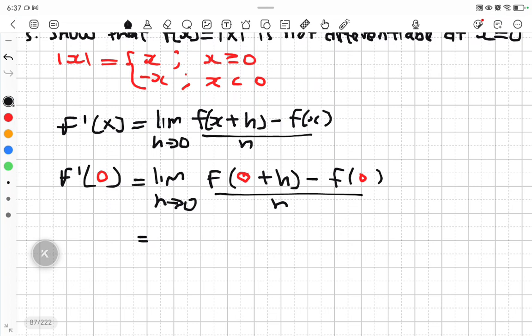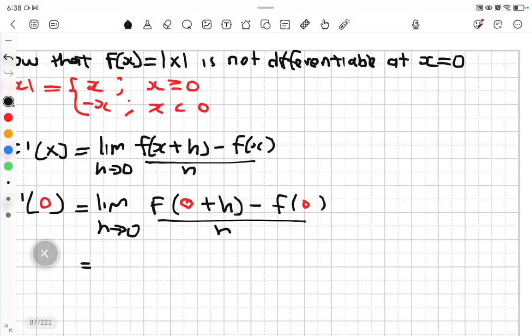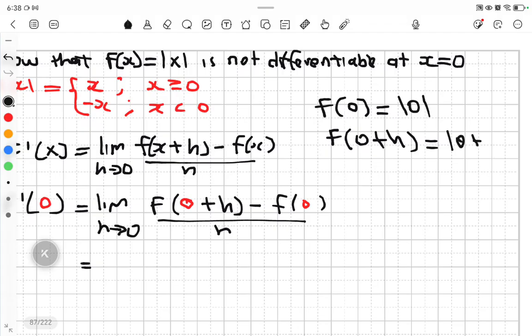So, in other words, wherever there's f of 0, we're going to plug this, you see? And wherever there's f of 0 plus h, we're going to plug this, you see?